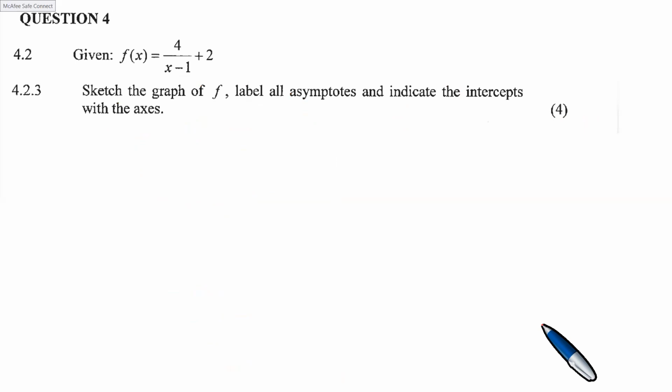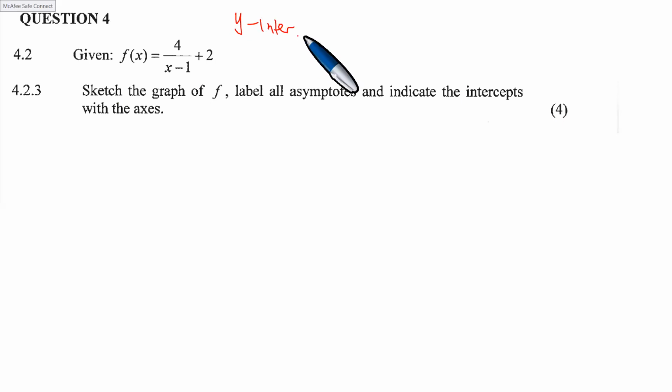But as we draw the sketch, we need to realize that from the previous questions we got the x-intercept and the asymptotes. But there's something we did not do. What is it that we did not calculate? We did not find the y-intercept. The examiner did not ask us to do that, but we can't draw the graph if we do not know the y-intercept. So we must do it.